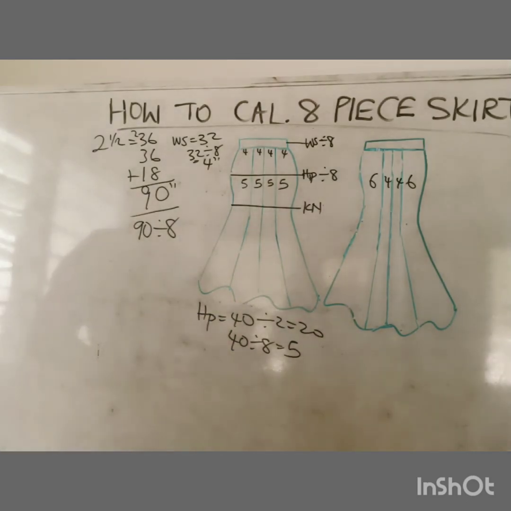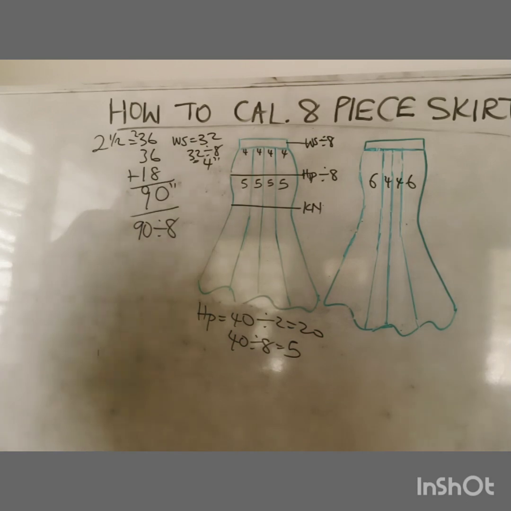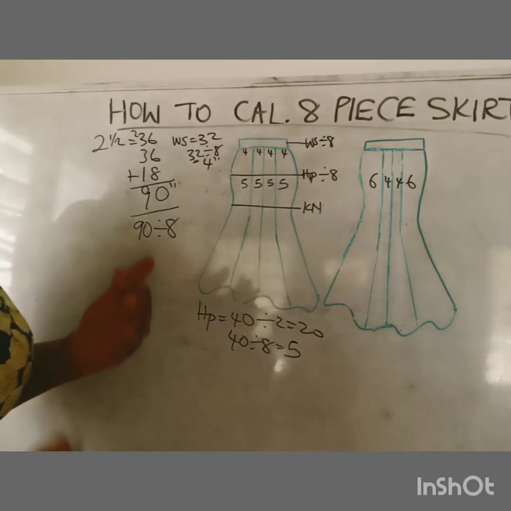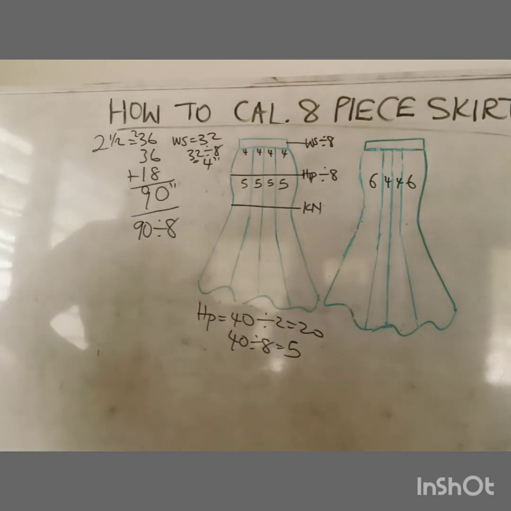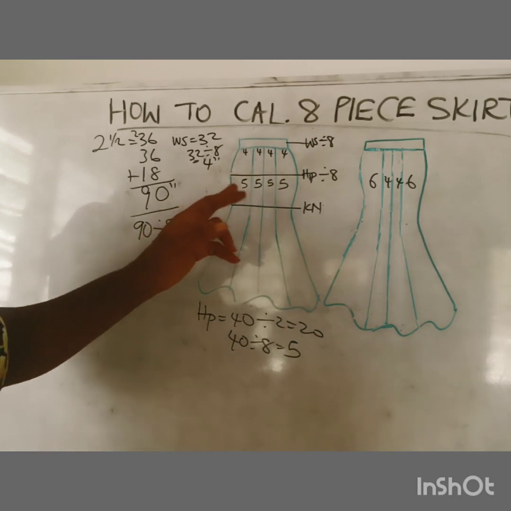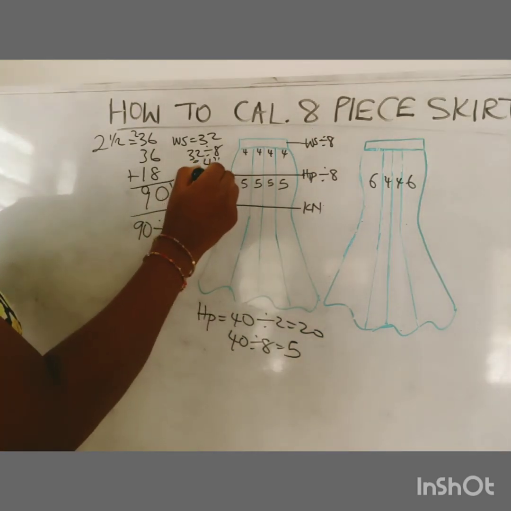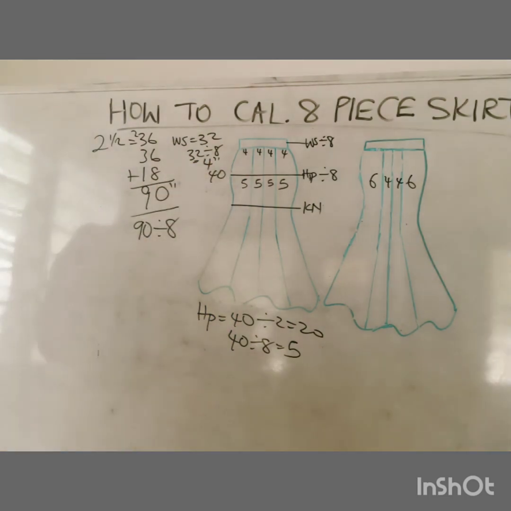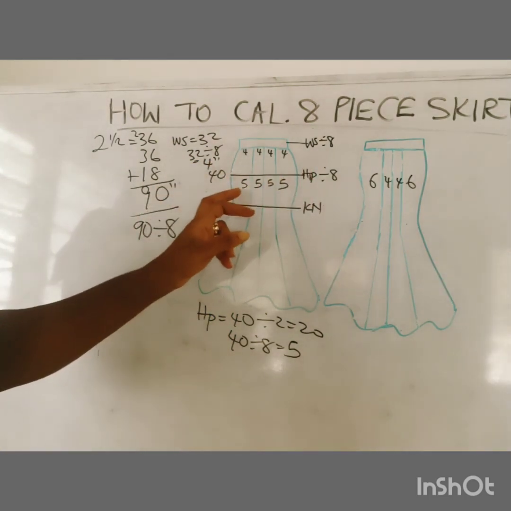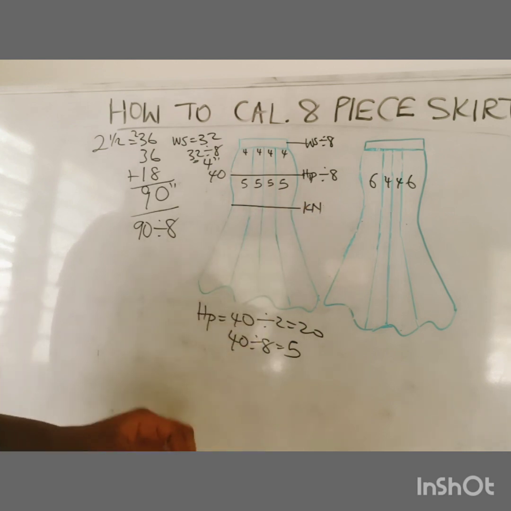So another thing that we need to know is, because sometimes some persons cut the 8-piece and they have shortages after joining it. Now we have already known that this hip is 40, and if you divide 40 by 8, you have 5, so each panel is 5, 5, 5, 5.